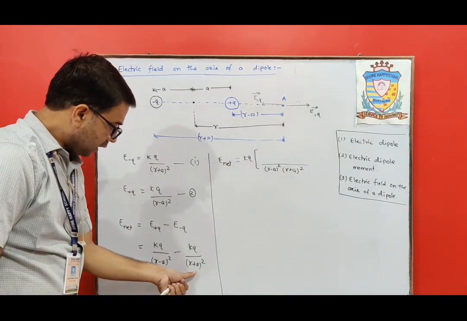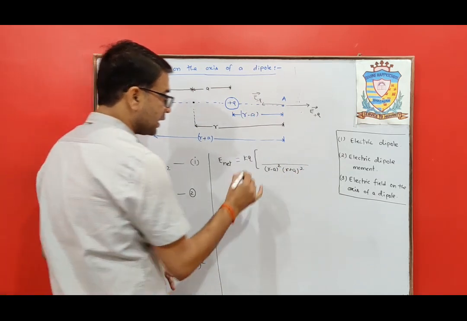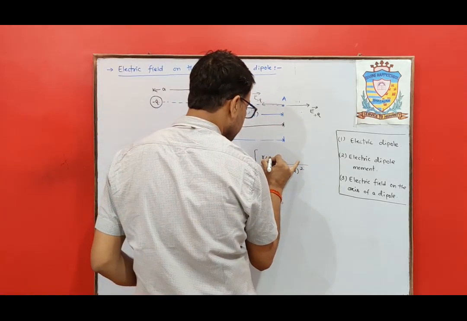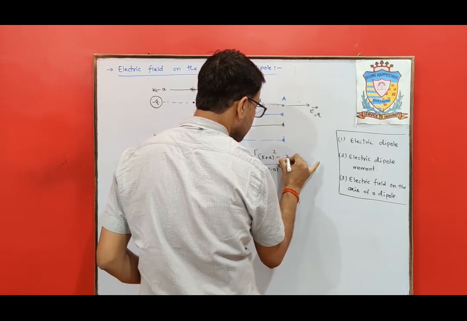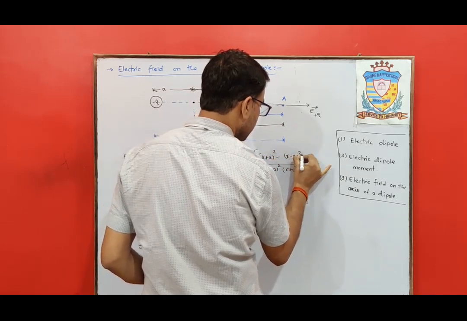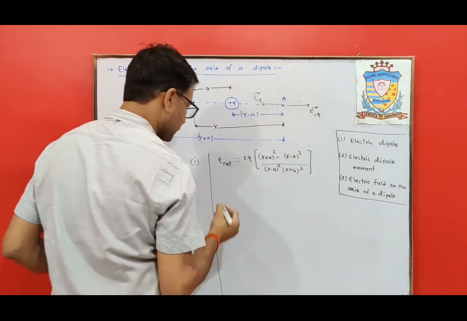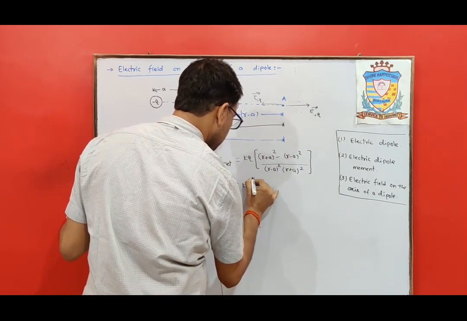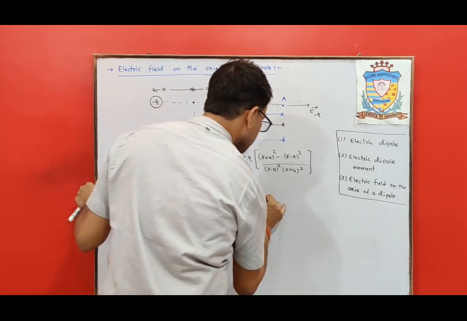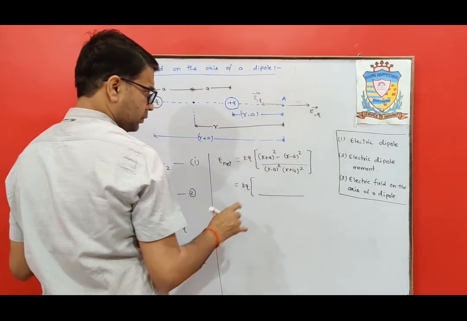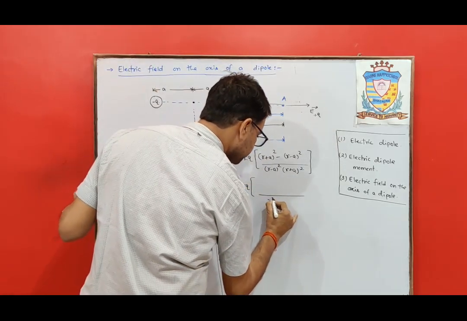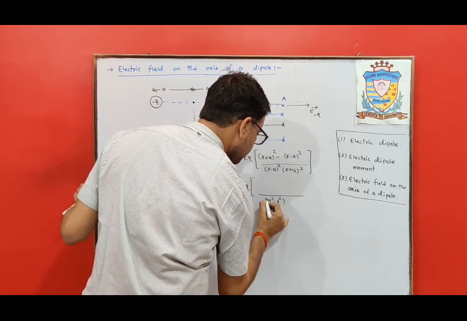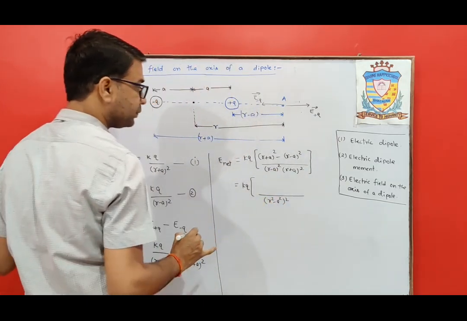Next, the numerator becomes (R plus a) whole square minus (R minus a) whole square, with kq outside, and the denominator becomes (R square minus a square) whole square.